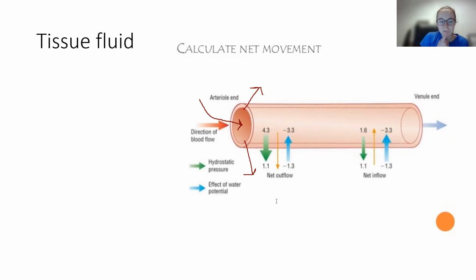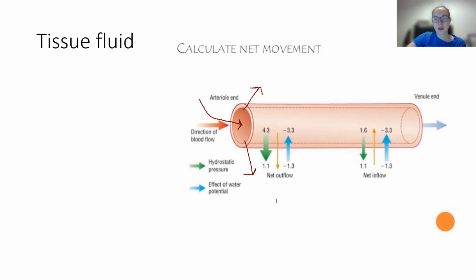So now within the capillary, not much is left. So there's quite a low hydrostatic pressure. We've also removed the majority of our water, so now we've got a low water potential. Outside the capillary, we've got high water potential.